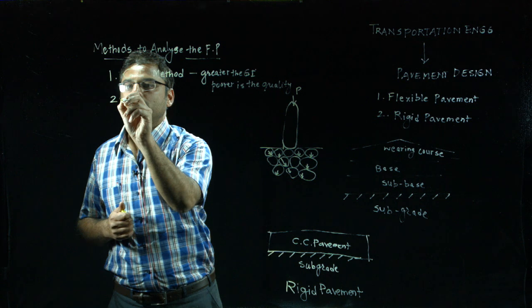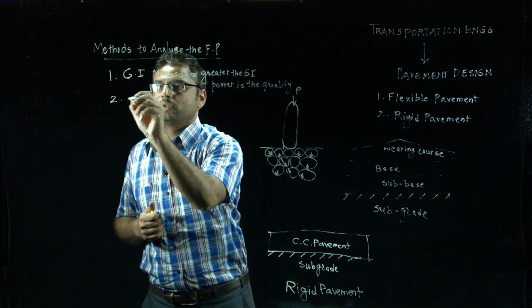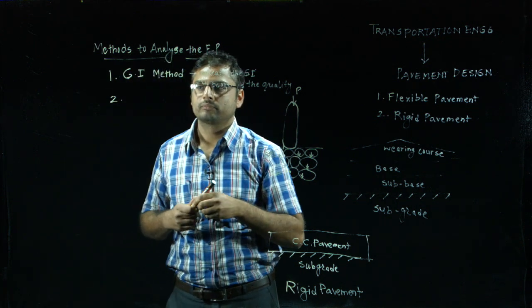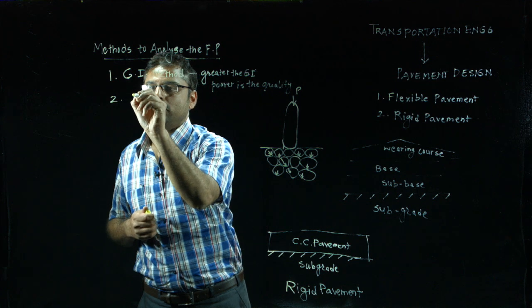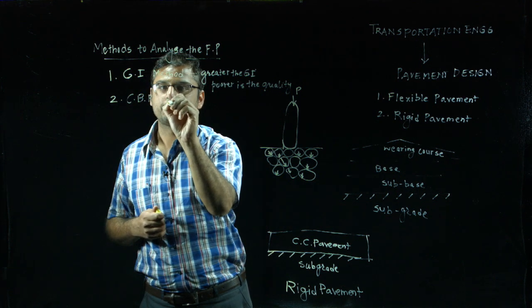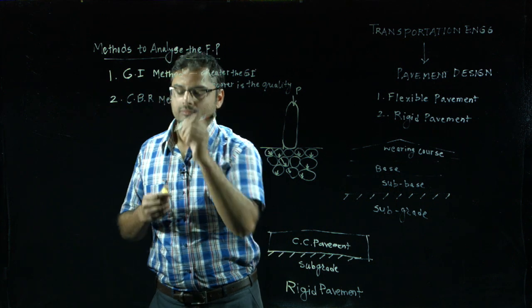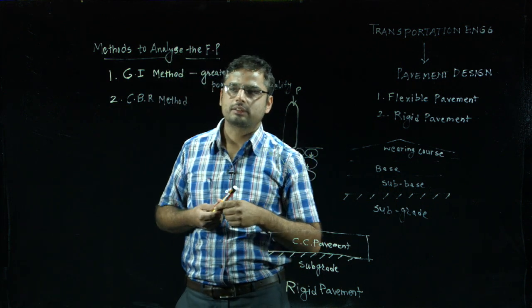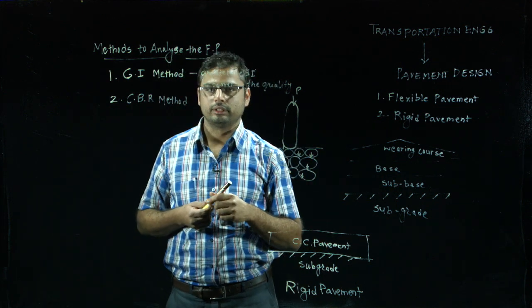Next, a very common method, or I can say a very good method, called the CBR method, or the California bearing ratio method.